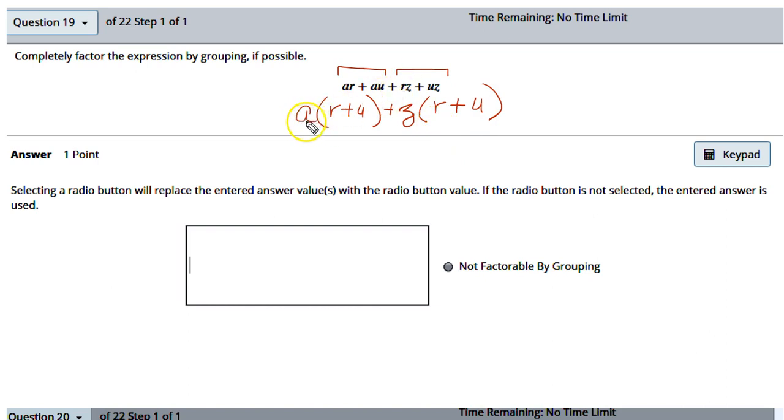So now I have this times this and this times this, but I could put these 2 in a parenthesis, A plus Z, and then times this common factor, R plus U. And often the book puts this second, puts this first.